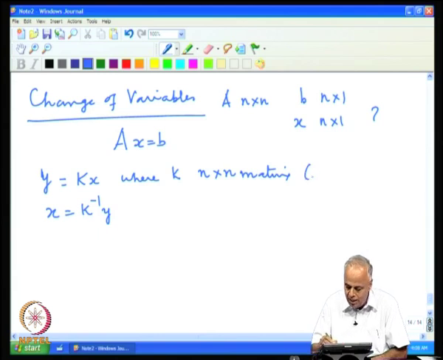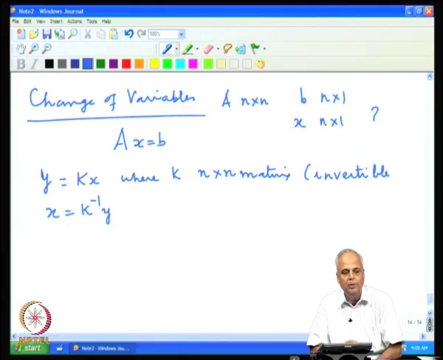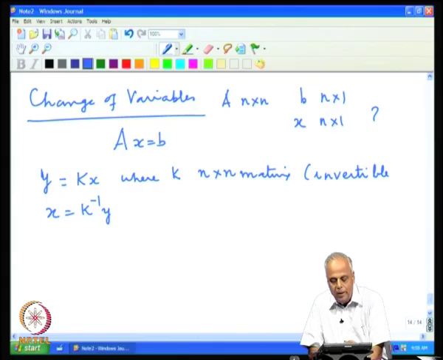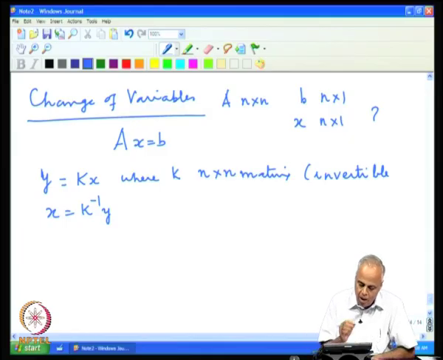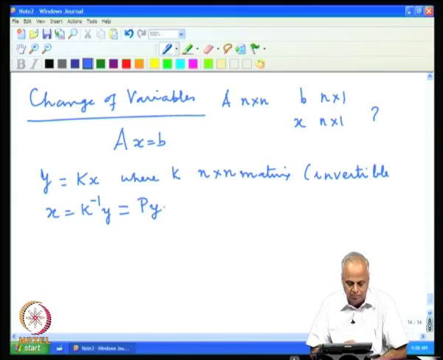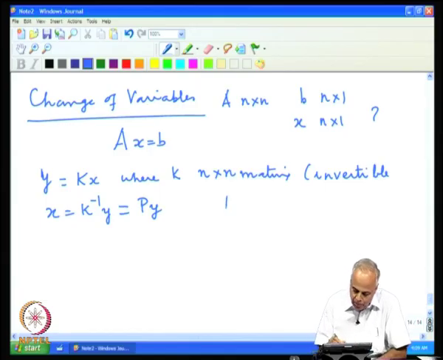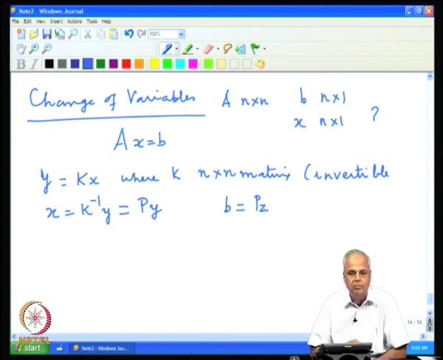So, we will say k is an n by n invertible matrix. So, we introduce a change of variables y equal to kx, where k is an invertible n by n matrix, then x becomes k inverse y, or in the standard notation most of these books will use, p y. So, we will say x is equal to p y. Now, b also we can change as some p z.